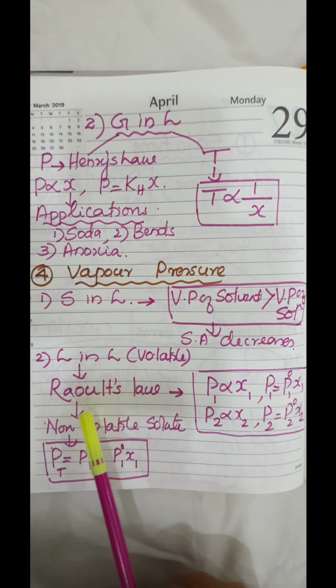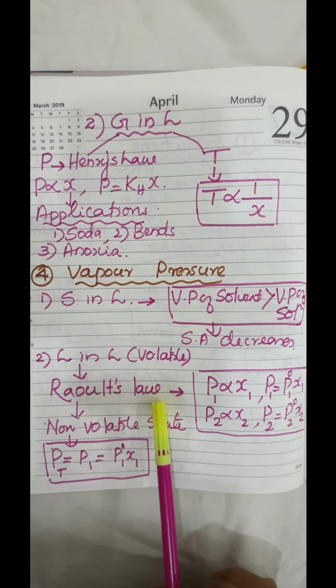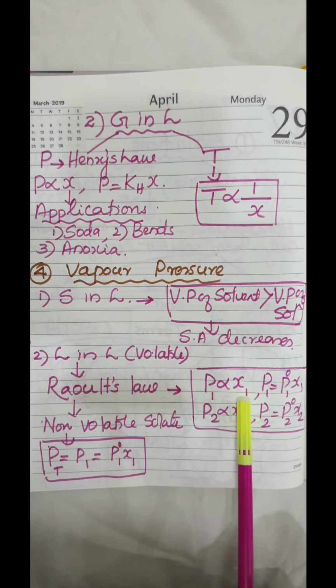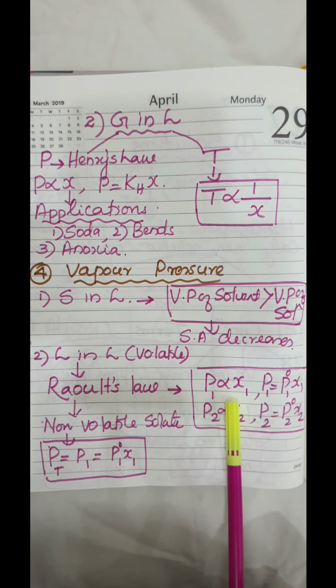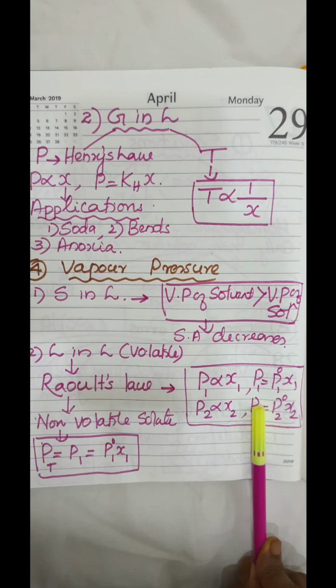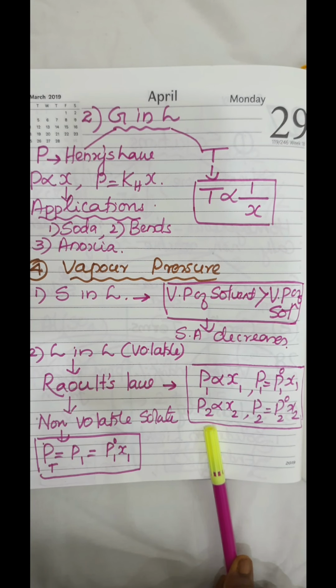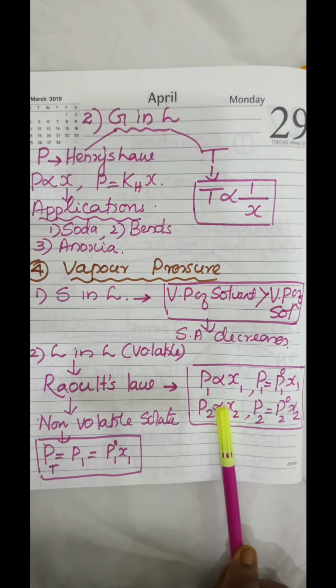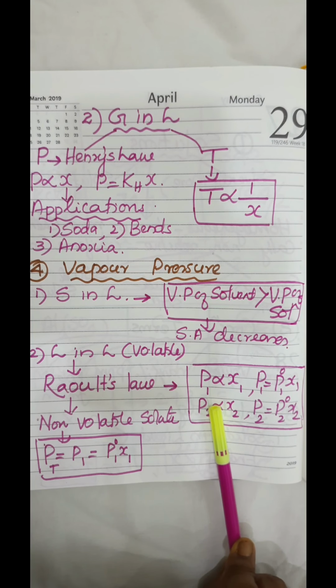Here we study a famous law, that is Raoult's law. In Raoult's law, the mathematical representation is P1 proportional to chi1, or P1 equals P1° chi1, and P2 proportional to chi2, or P2 equals P2° chi2. Here P1 and P2 are the vapor pressures of the first and second component.